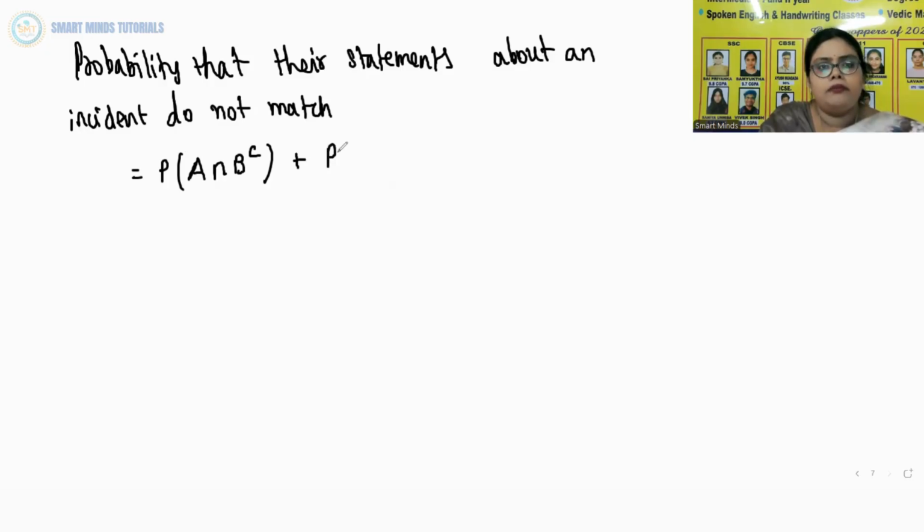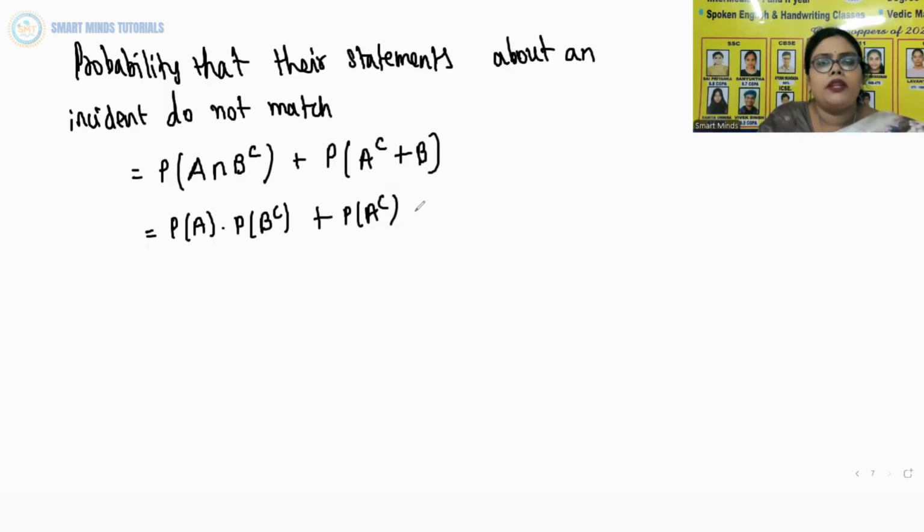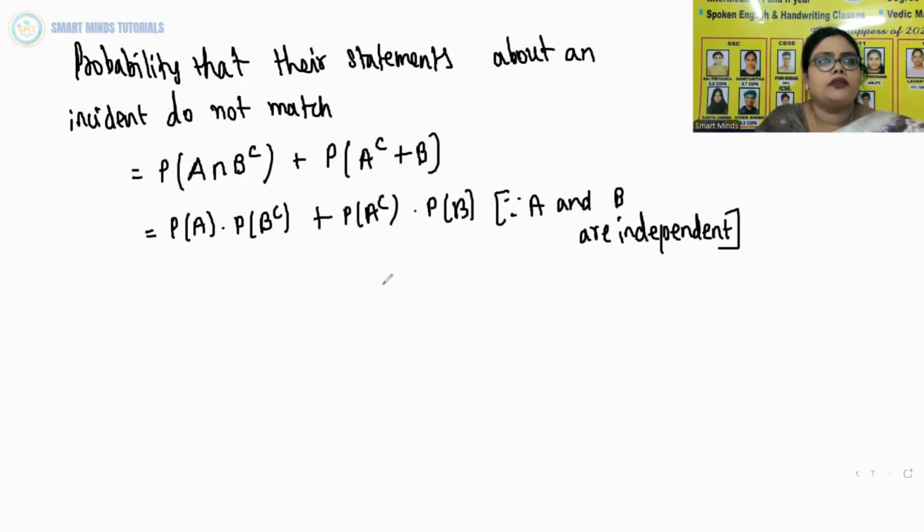And if A does not speak truth, B should speak truth. So if you have A, then you should have B complement. And when you are having A complement, you should have B. So because the events are independent, you can write it as P of A into P of B complement plus P of A complement into P of B. Why? Since A and B are independent. Because they are two different persons. One does not affect the other.